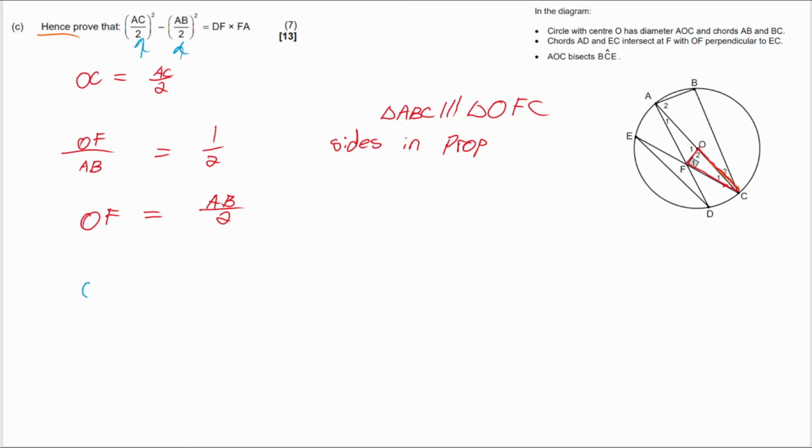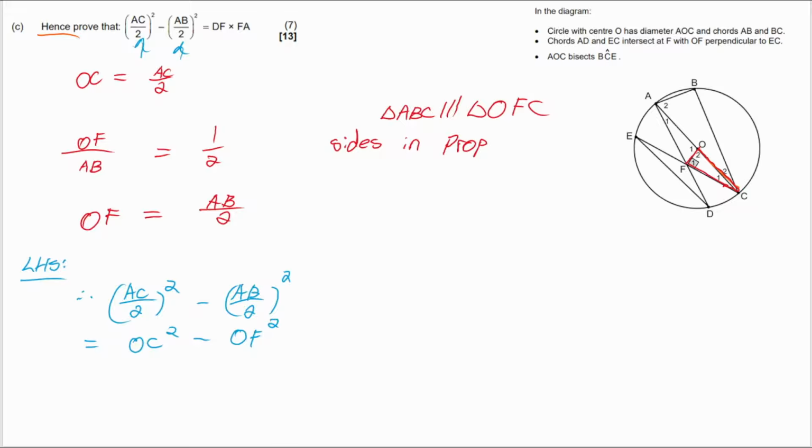If I'm just looking at the left-hand side, AC over 2 squared minus AB over 2 squared is just equal to OC squared minus OF squared.